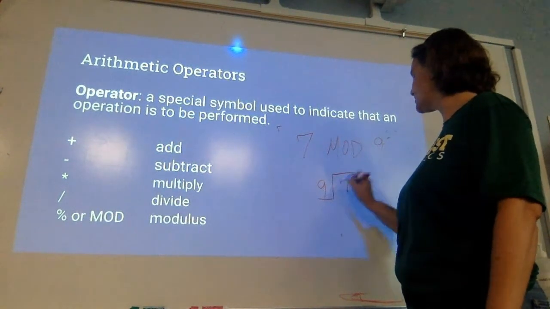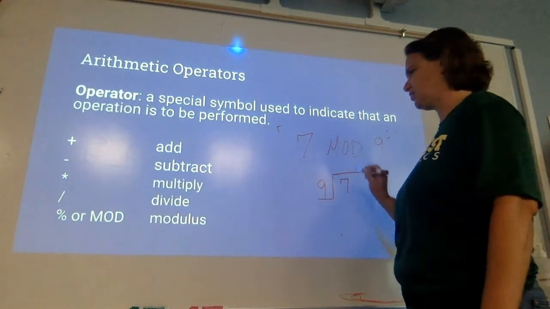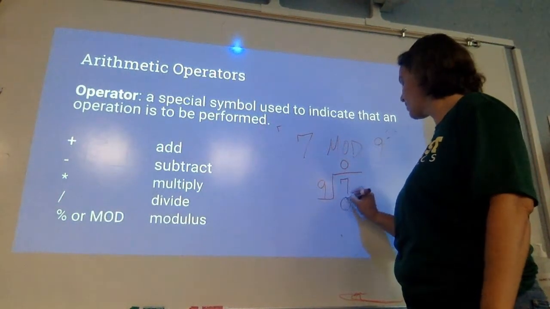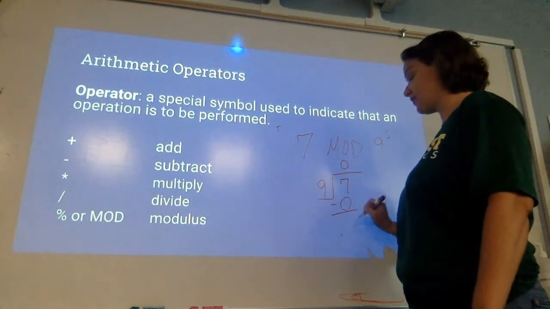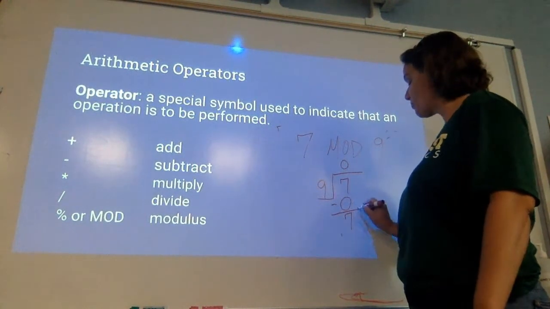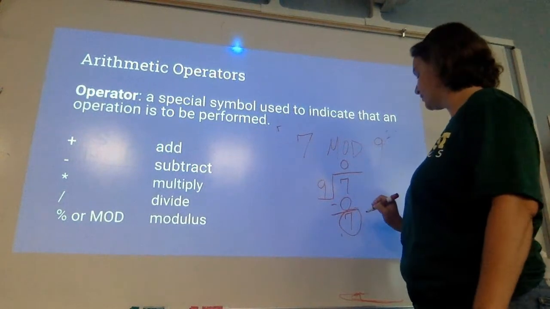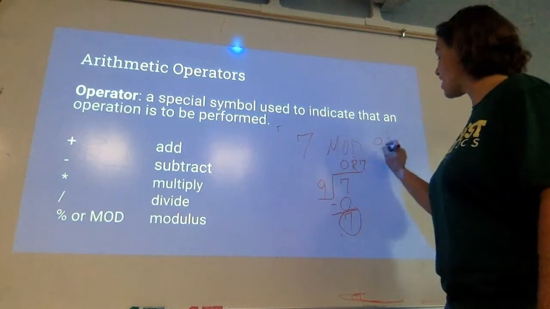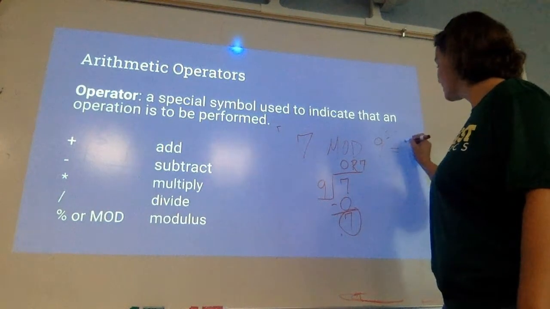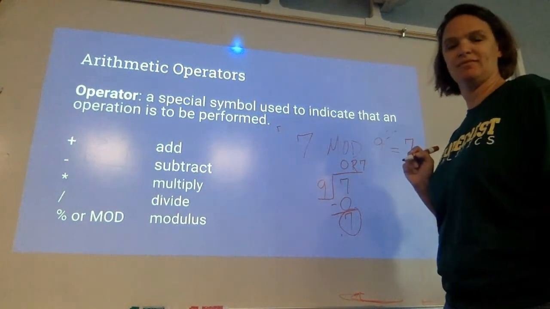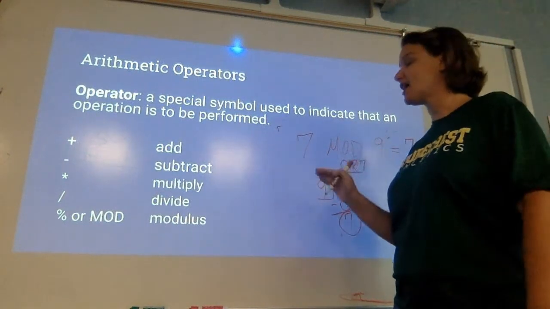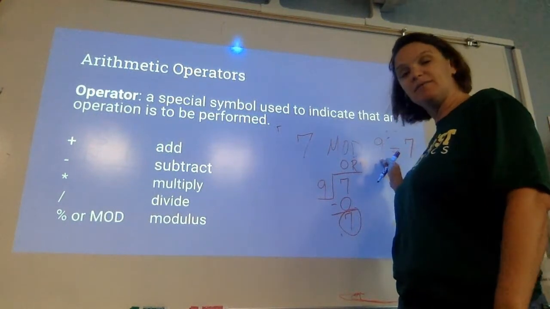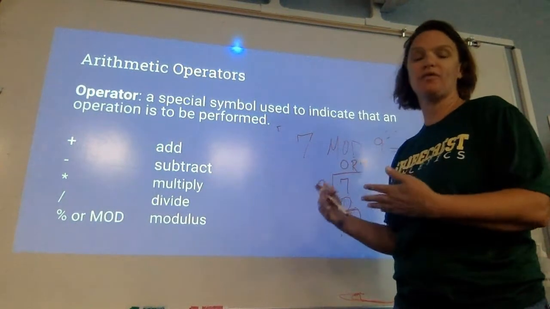How many times does 9 go into 7? Well, none. So 0 times 9 is 0. 7 minus 0 is 7. So my remainder is 7, R7. So 7 mod 9 is 7. So anytime you talk about modulus, you're going to first complete the division, and then you're going to see what the remainder is.